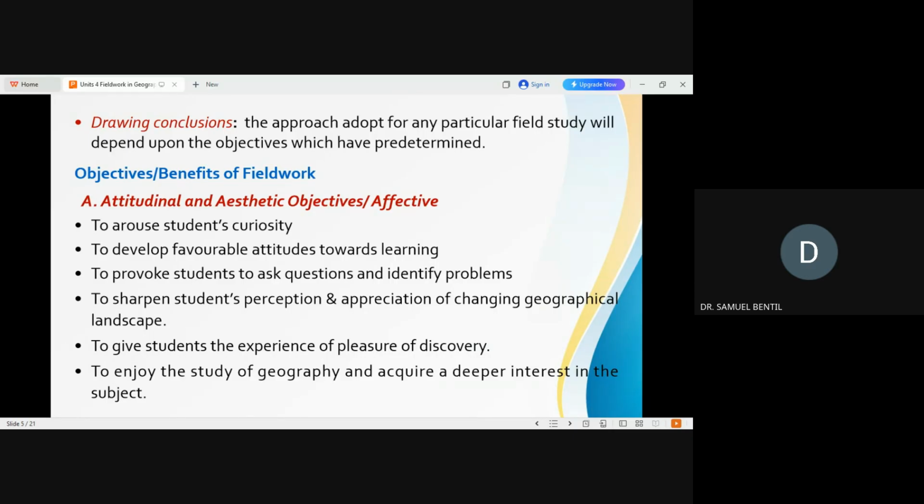Any question on the approach before we look at some benefits of field work?